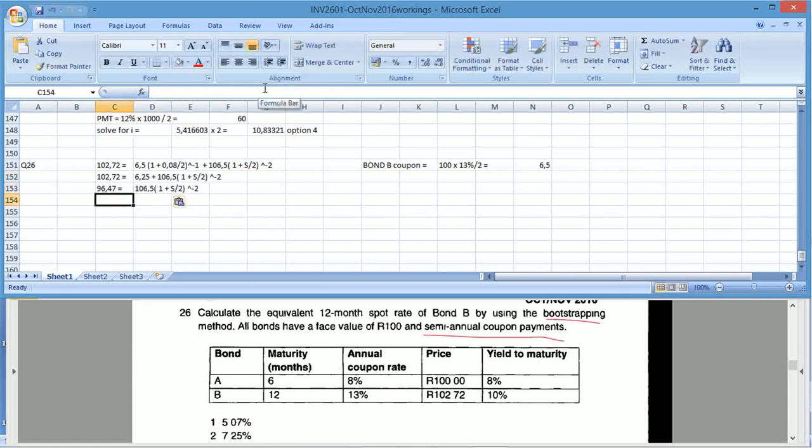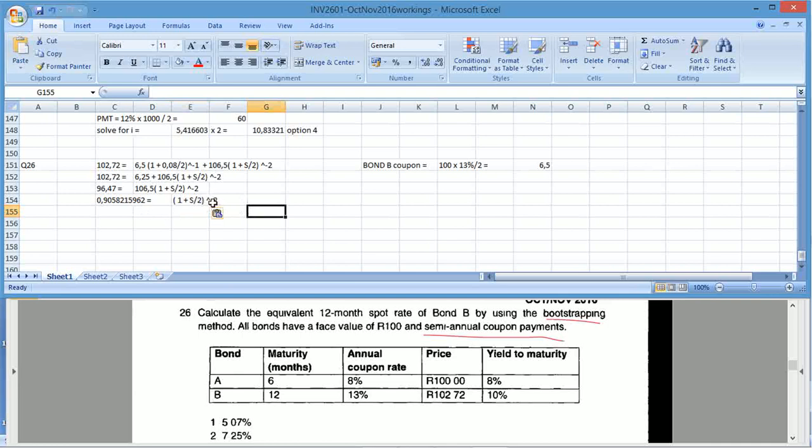Then take the 106.5 to the left, so divide the 96.47 by 106.5. That gives me 0.9058215962, which equals the brackets.